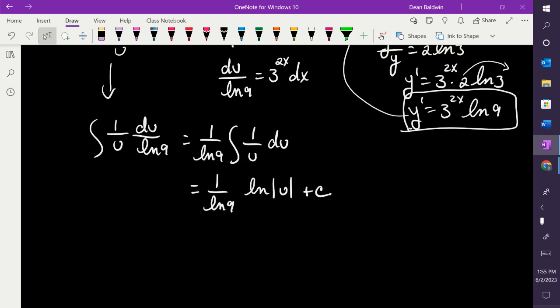Okay. So what about the absolute value? We'll do that at the end. We're almost there. So then I can pull out the 1 over natural log of 9, 1 over u. Now, this is the natural log integral, right? Because the derivative of the natural log of u is 1 over u, times u prime essentially. You have to absolute value it because you cannot log a negative number.